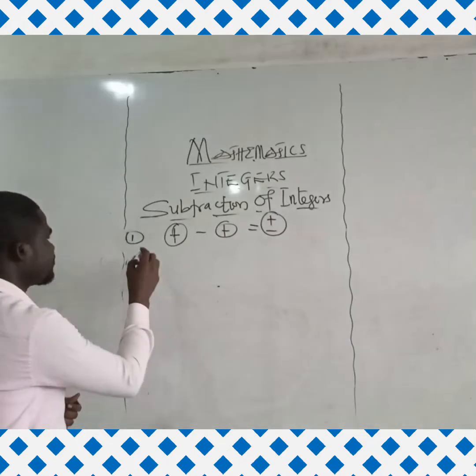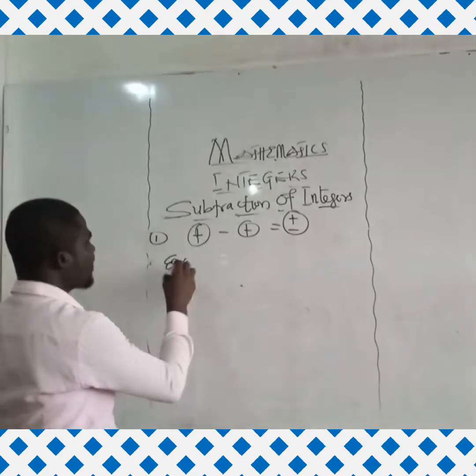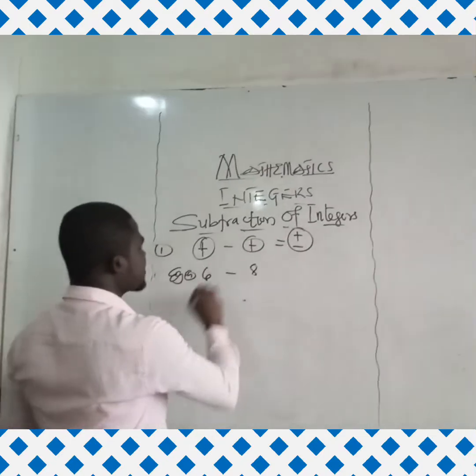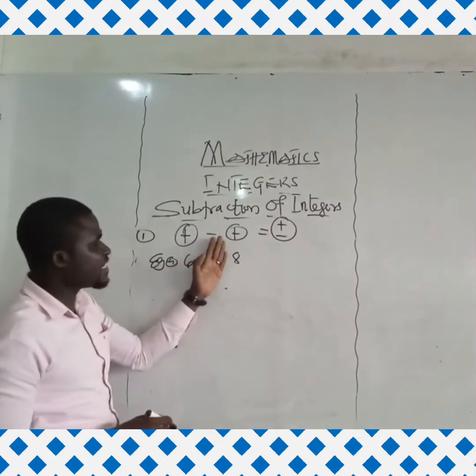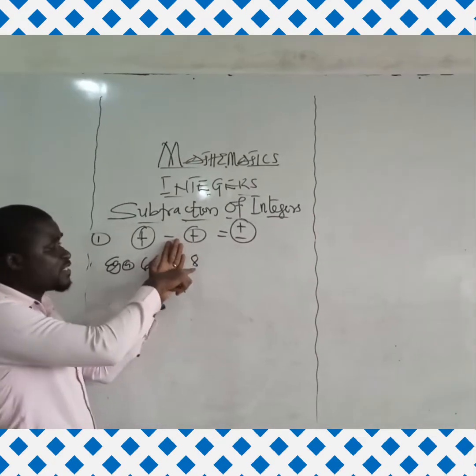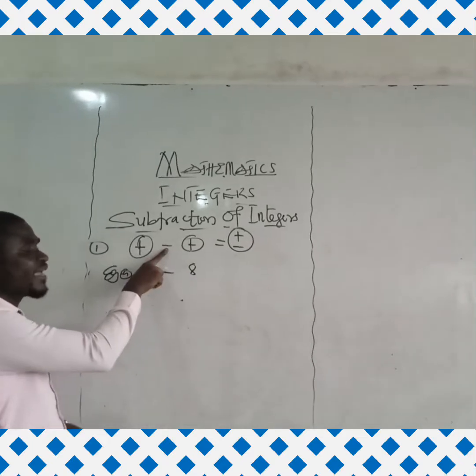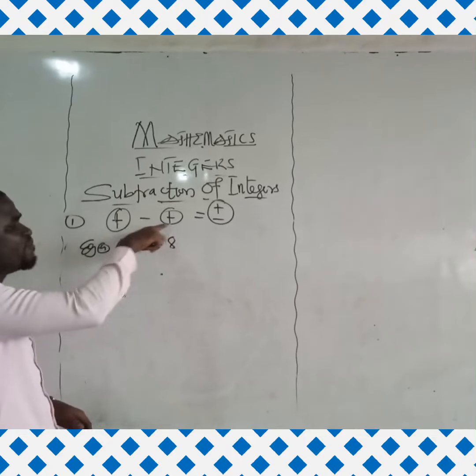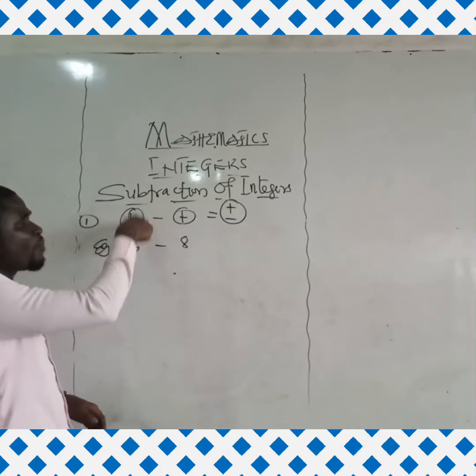Let's try an example. Example A, if I have positive 6 minus 8. This 8 here is positive, but because of this negative, take note, whenever negative and positive meet, the negative has more power than the positive.